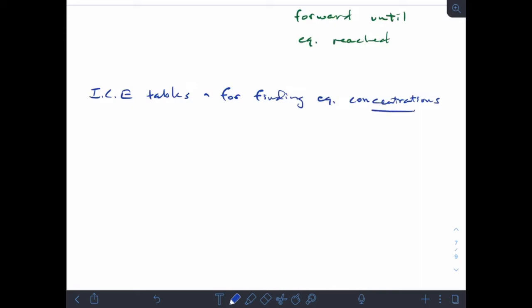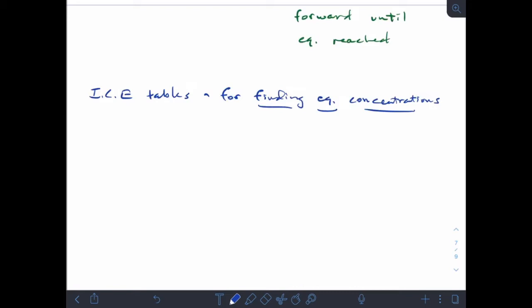Anytime that you need to find equilibrium concentration, you will need an ice table. It's a very common bit of confusion for students. When do I need an ice table? And the answer is anytime that you have to find equilibrium concentrations. If the question says, what are the equilibrium concentrations? You need to make an ice table. Now sometimes the ice tables are more complex than others, but we'll get into that.